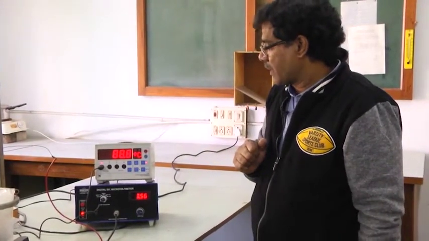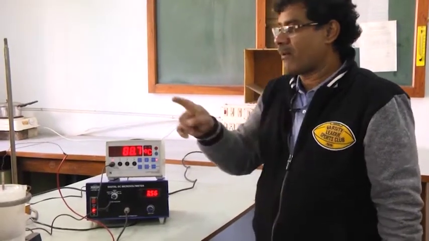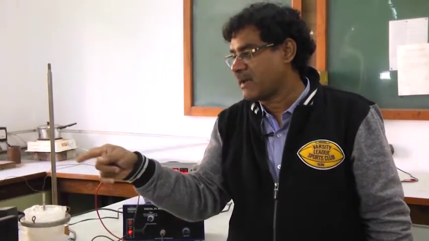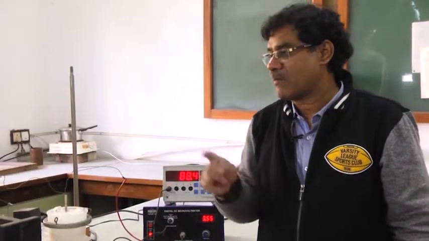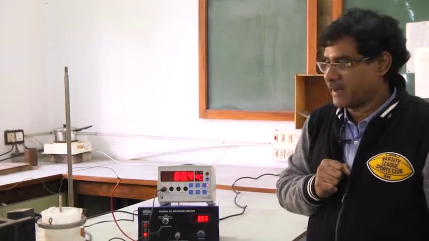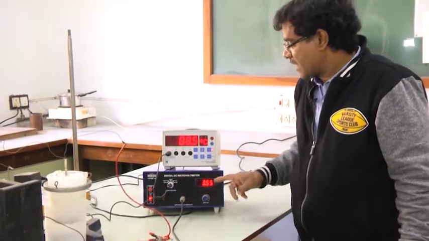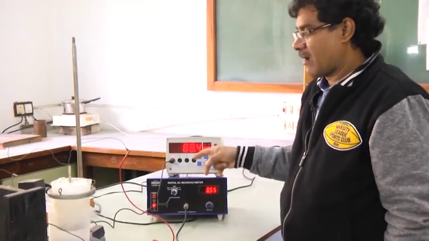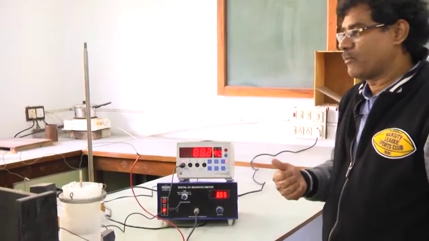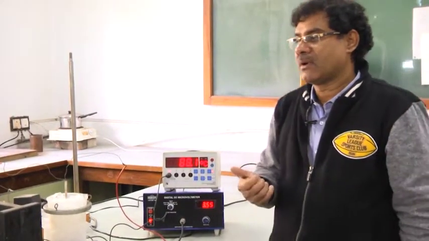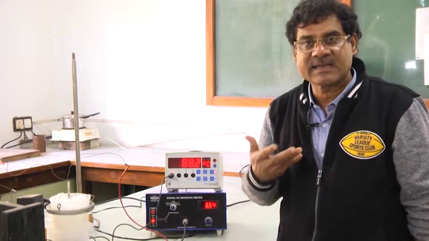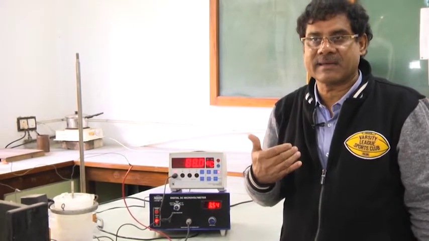Now, what will we do? At different temperatures of this hot water I will take readings of this voltage. Since it is already hot, we should start at around 60 or 70 degree centigrade.